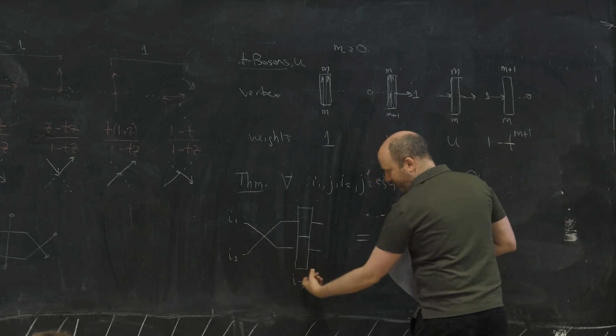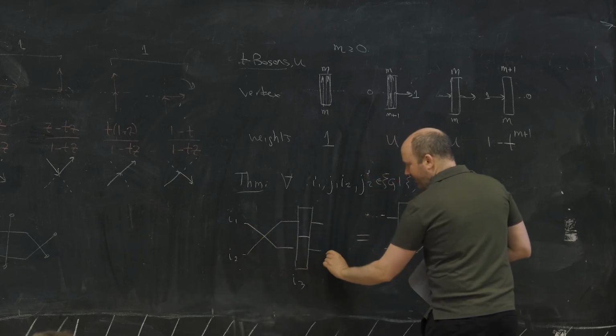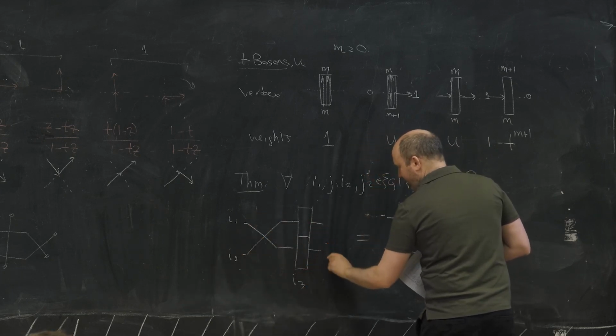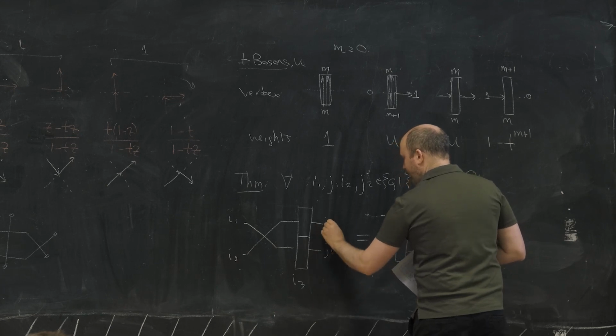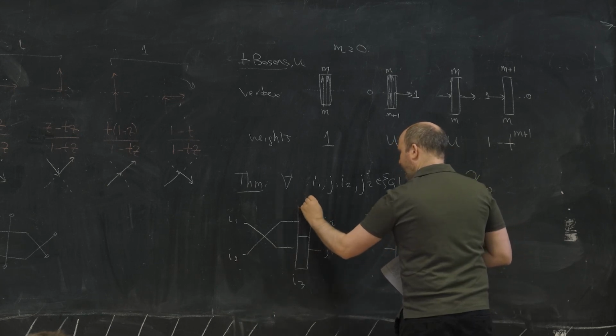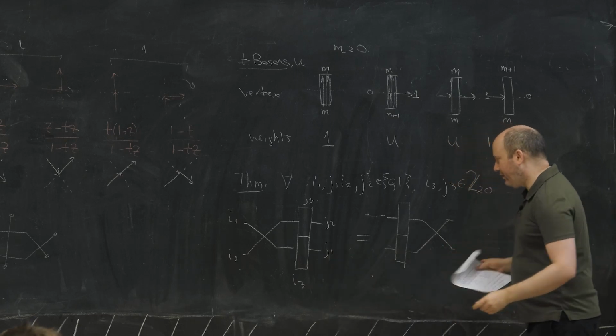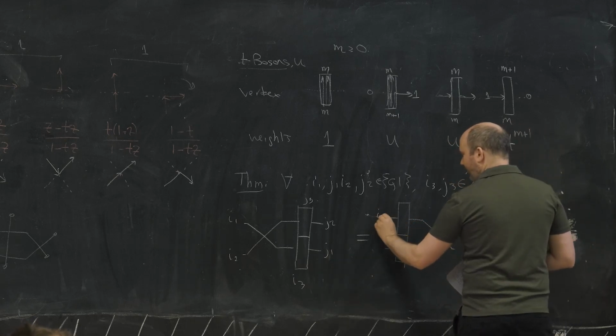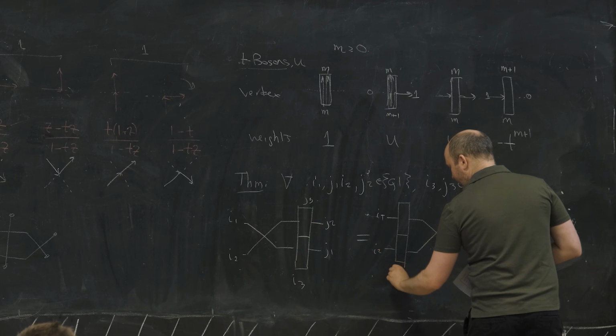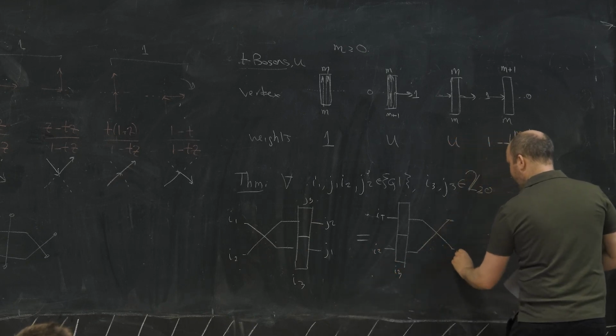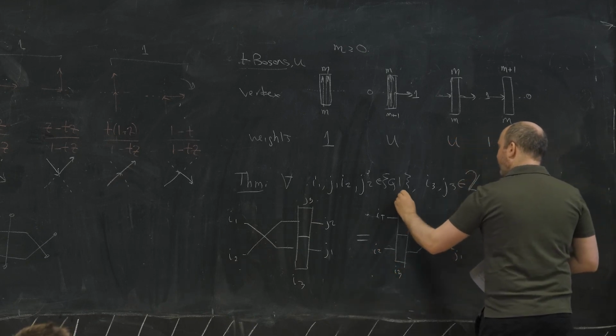You think of these as the inputs, and I think of there as being J1, J2, and J3 arrows coming out. Similarly, on the left, I have the same boundary conditions, I1, I2, I3, J1, J2, and J3.